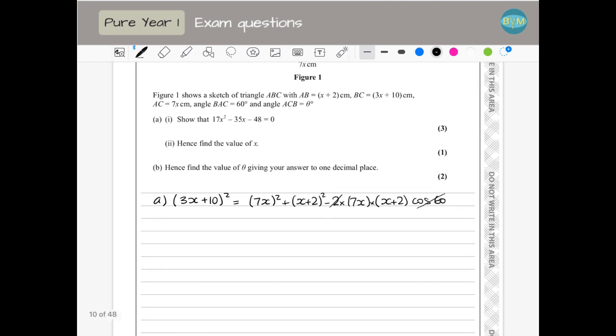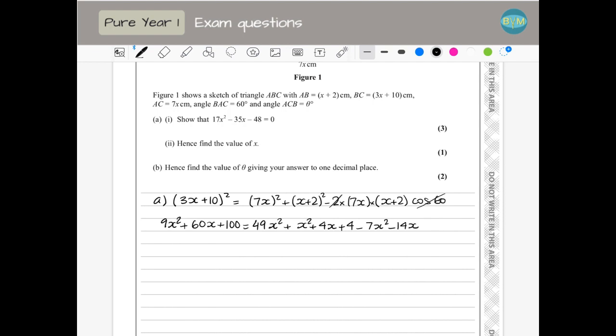So 3x plus 10 squared is 9x squared plus 60x plus 100, 49x squared plus, I'm just expanding the brackets, x squared plus 4x plus 4 minus 7x squared minus 14x.